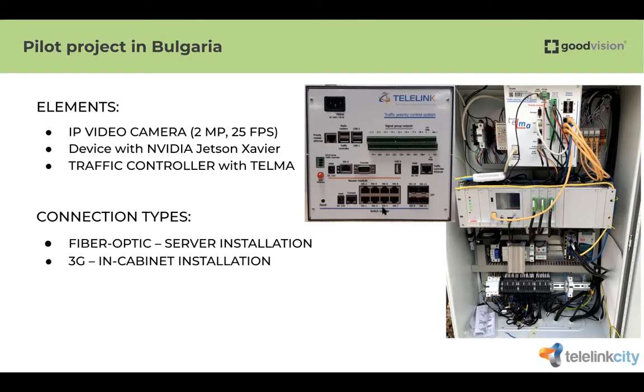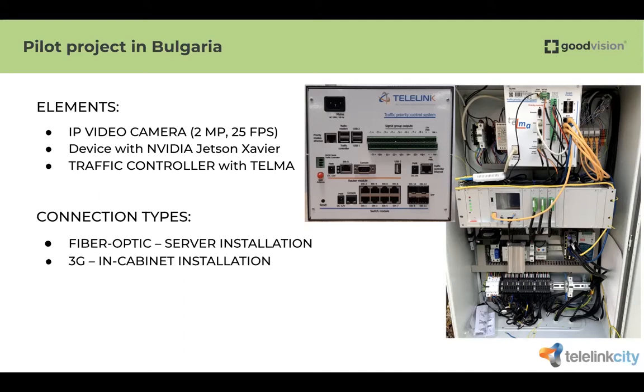Something very crucial for the traffic actuated control to work is that we have a very low latency, let's say less than 1 second between the event actually happening and the controller getting the detection alert or the event.